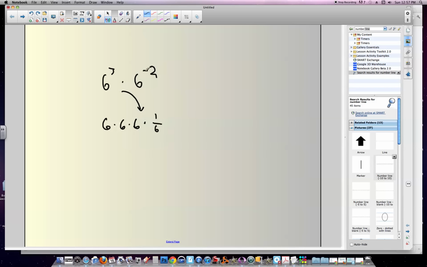Because it's a negative, that means flip it over. 1 over 6 times 1 over 6. Well, now we just need a little bit of simple fraction logic here. 6 times 1 over 6 equals 1. That cancels out. 6 times 1 over 6, that cancels out. And we're left with 6 to the first power, which is just 6. Still, we just added those exponents, right? 3 plus negative 2 equals 1.